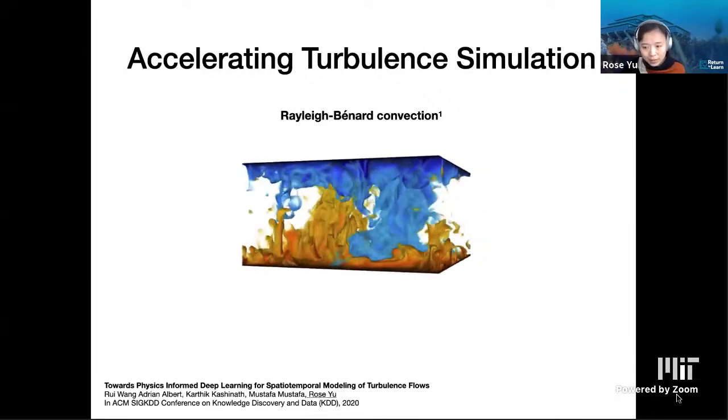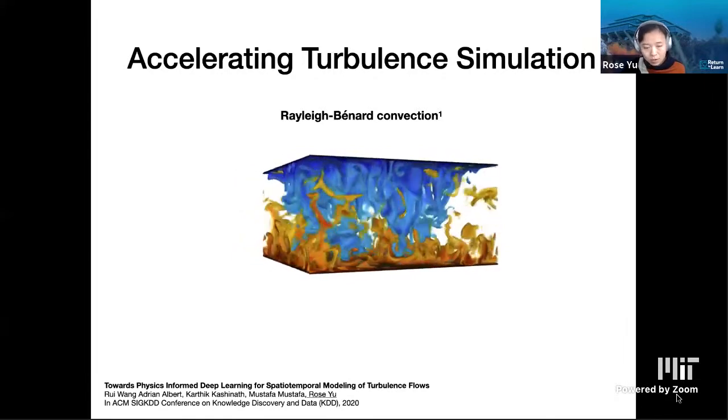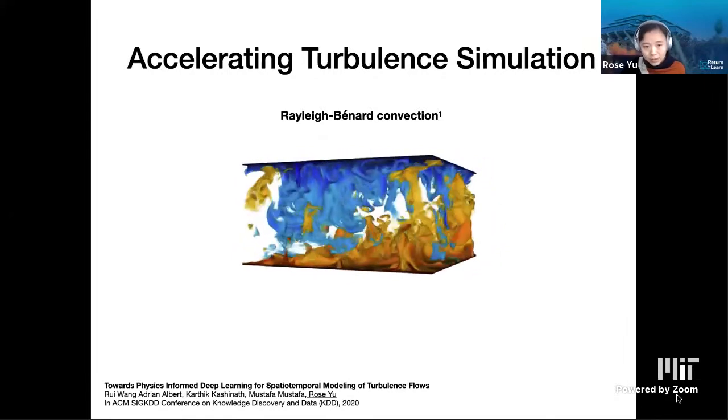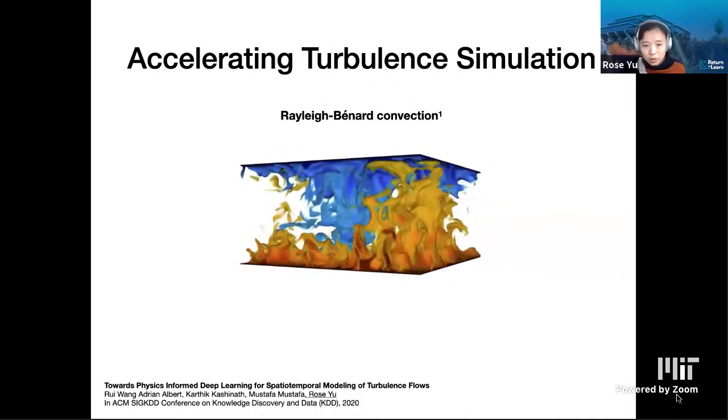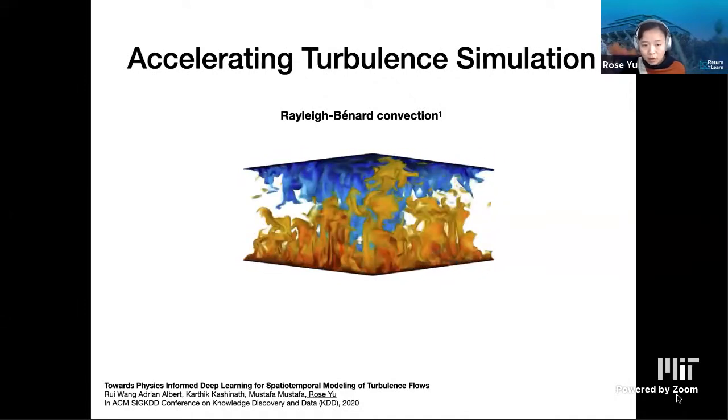This resembles the dynamics of El Nino, where the warm fluid in South Africa starts to interact with the cold fluid in North America. To simulate this video alone would take several months. And our goal in this project is to develop deep learning surrogate models that can bypass numerical integration and quickly generate the velocity field of the turbulence.